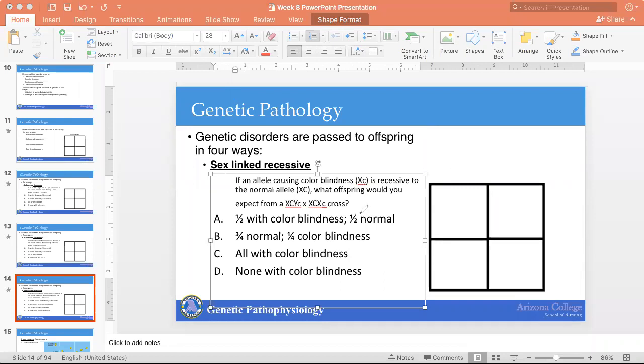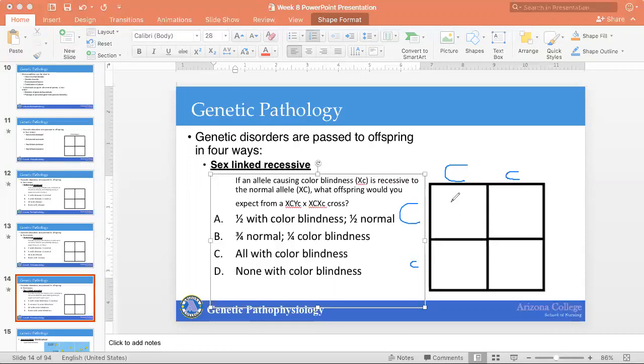Okay, so if we look at these, we get a normal allele from our mother, and we get a colorblind or abnormal allele from our father. That is Y linked. Get the same thing for the other one, so we get a cross. So we get the uppercase, and then we get a lowercase.